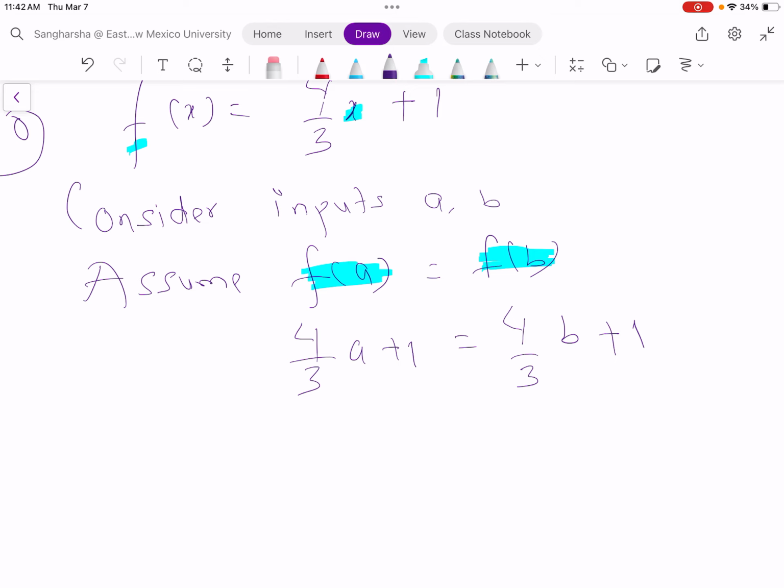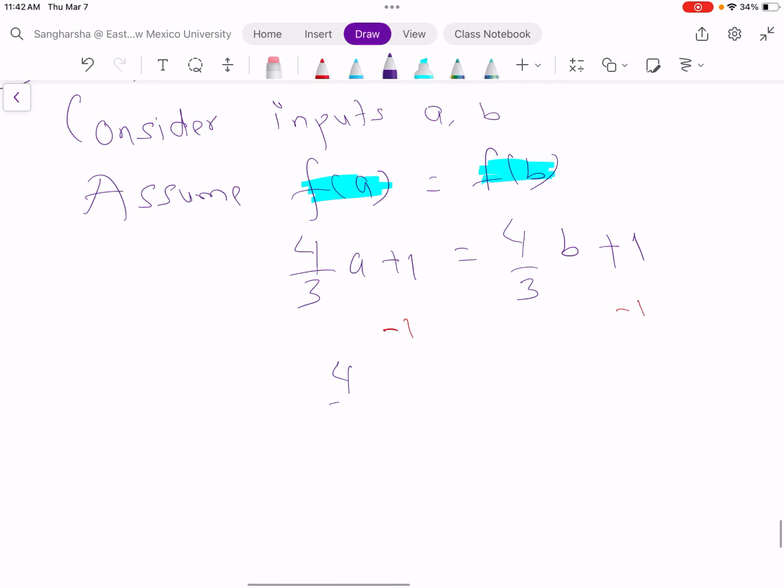So let's subtract 1 on both sides. We want to have these inputs by themselves. So we have 4 over 3A equals 4 over 3B, because these cancel.